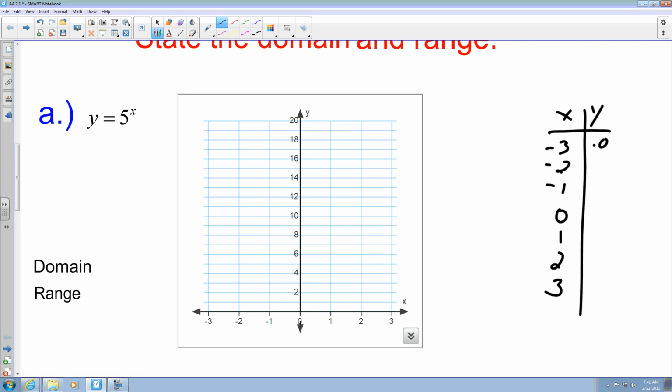You're going to get like 0.008, 0.04, 0.2, 1, 5, 25, and 125. So if I plot these points here, that's really small, a little bit bigger. 0 is 1, 1 is 5, 2 is 25, somewhere up here. So it looks something like this.